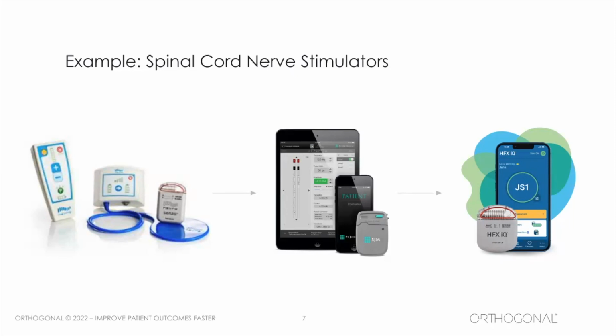Their latest spinal cord nerve stimulator has an application that is BYOD, so it's on a patient's smartphone rather than a smartphone that is provided by the manufacturer, and it includes the same initial functionality for changing the settings on the nerve stimulator, but it also will pull in information from the patient in terms of how they're feeling, symptoms, etc., and then can feed those into an AI algorithm for recommending better therapy settings for them.